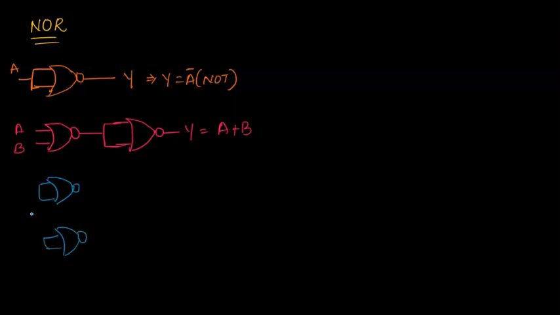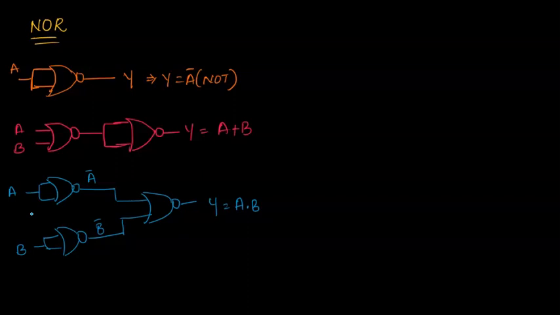So we are shorting the inputs here and giving A and B. Since this will work as a NOT, the output you will be getting will be A bar and B bar. When A bar and B bar go inside one more NOR, here it will be getting complemented and you will get Y equal to A dot B. So this is how using NOR, AND gate can be realized.